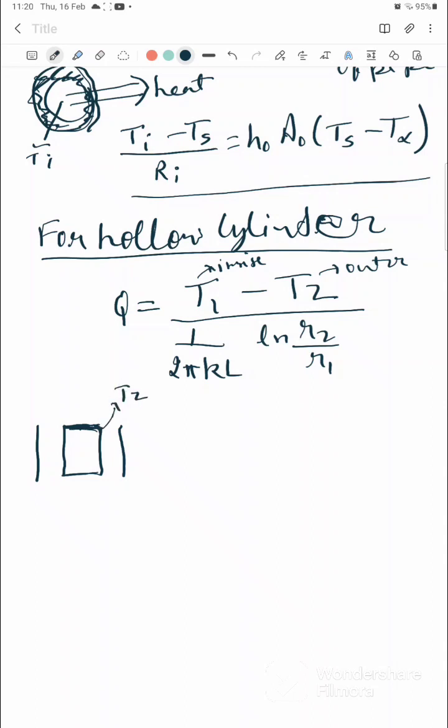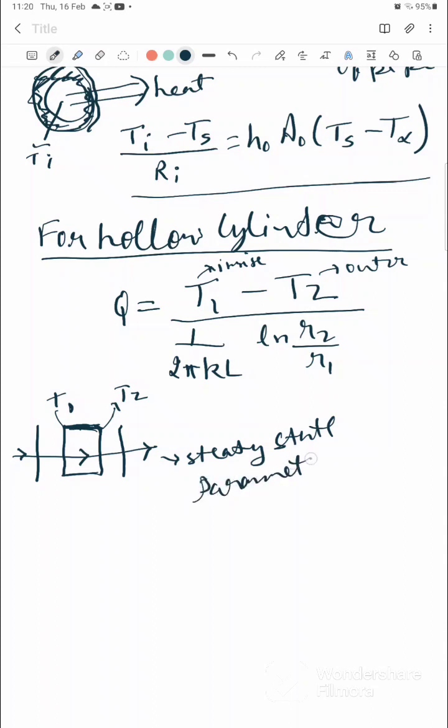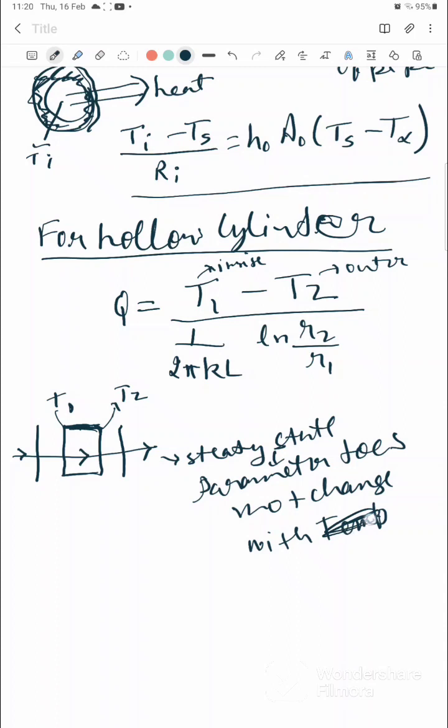This is T2, this is T1, steady state. This is steady state. Parameters do not change with time.